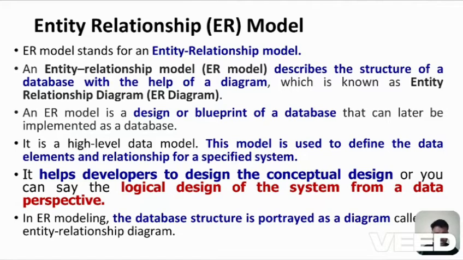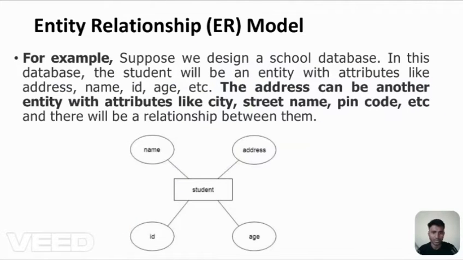In ER modeling, the database structure is portrayed as a diagram called the entity relationship diagram. For example, suppose we design a school database. In this database, the student will be an entity with attributes like address, name, id, age. The address can be another entity with attributes like city, street name, pin code, etc. And there will be a relationship between them.